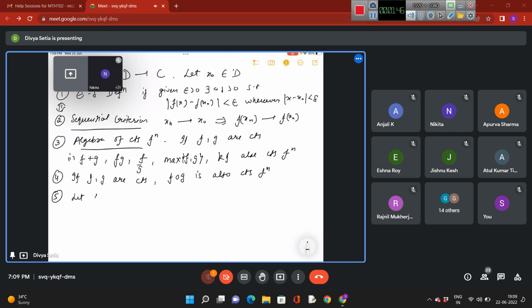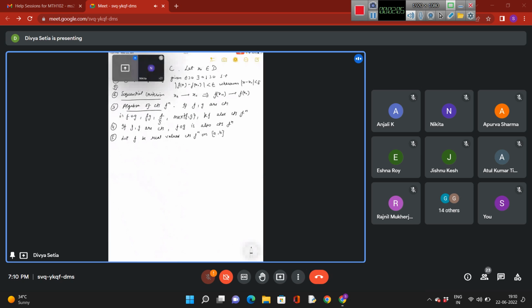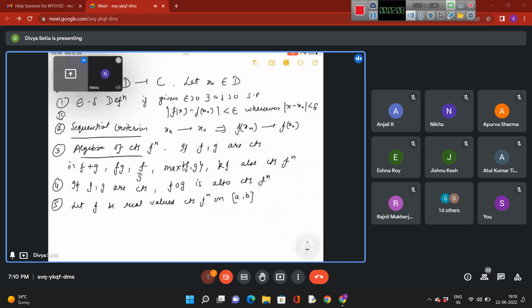So let f be a real valued continuous function on a closed and bounded interval [a,b]. Then f is a bounded function, and moreover f attains its maximum value as well as its minimum value.